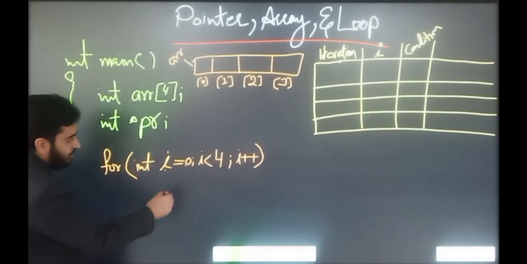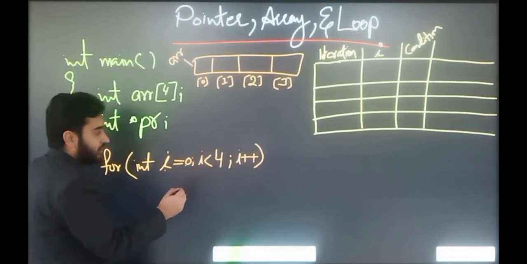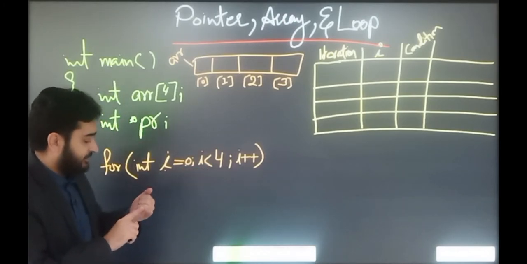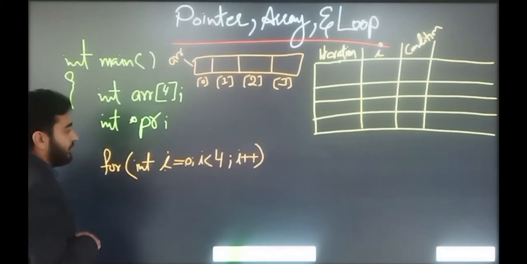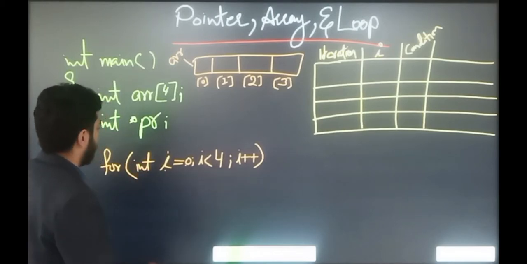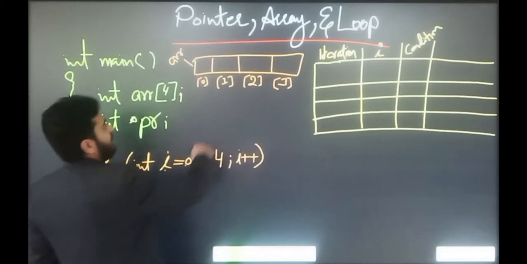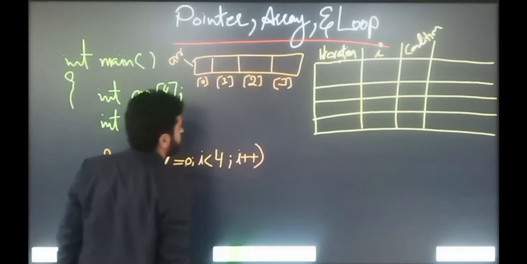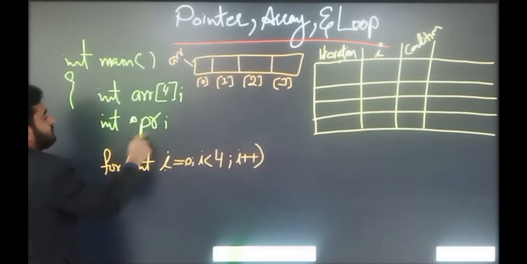So it means that our iterations will be starting from 0 until 3. Okay, so we will have iteration for 0, and iterations for 1, 2 and 3. So we will have 4 iterations here in this loop, and we will see how we can access these 4 slots using this loop while accessing the elements through pointer.